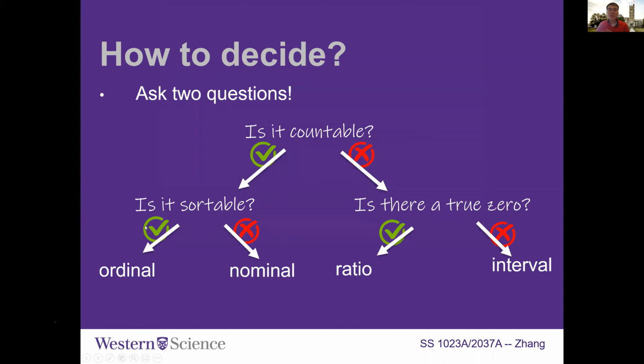If it is also, then we say it's ordinal data. Otherwise, it's nominal data. And for uncountable data, we ask whether there is a true 0 or not. If there is a true 0, like height, then we say it's ratio. Otherwise, like temperature, there's only a subjective 0. So in that case, we say it's interval.